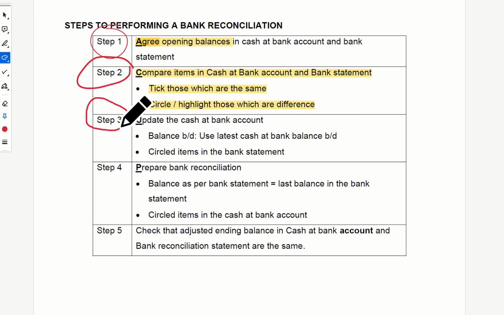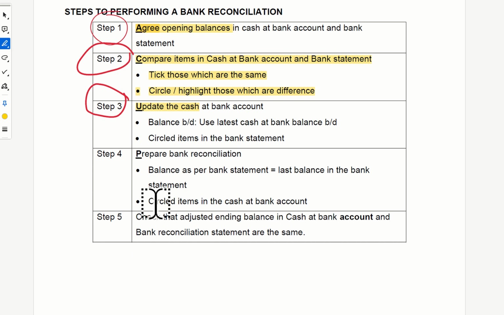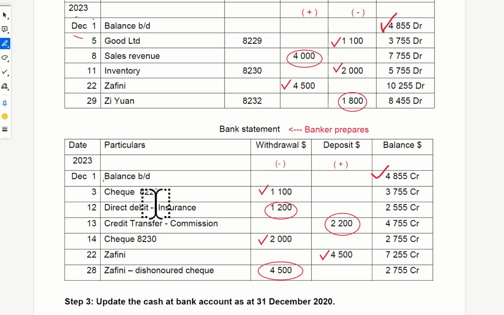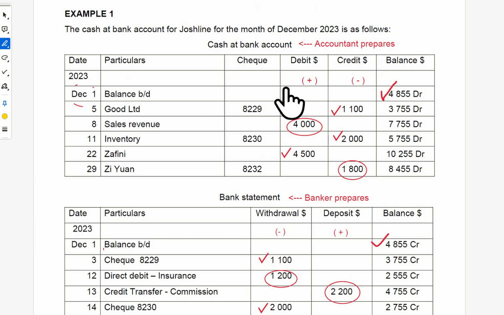You're going to update the cash at bank account. Right? Why? What are you going to update it with? Can you see that there are some items in the bank statement that you have circled? These items in the bank statement that you circled, the banker knows about it, but the accountant doesn't know about it. And therefore, these 3 items here are not inside your cash at bank account. So what should you do?